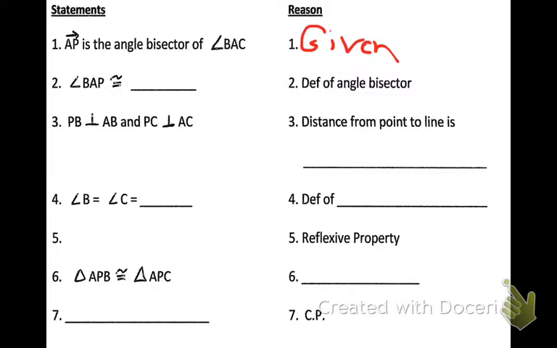Angle CAP. That's the definition of angle bisector. PB is perpendicular to AB, and PC is perpendicular to AC. The distance from a point to a line is what?